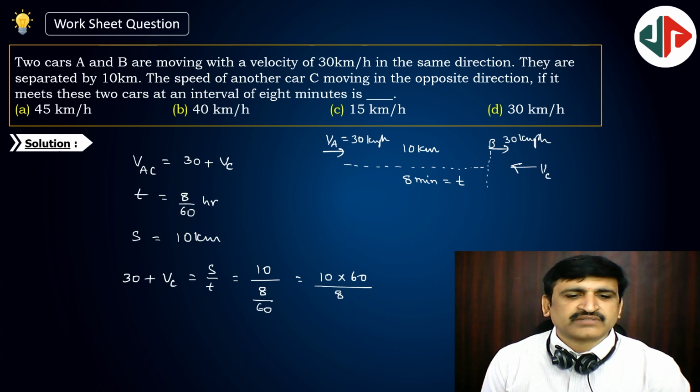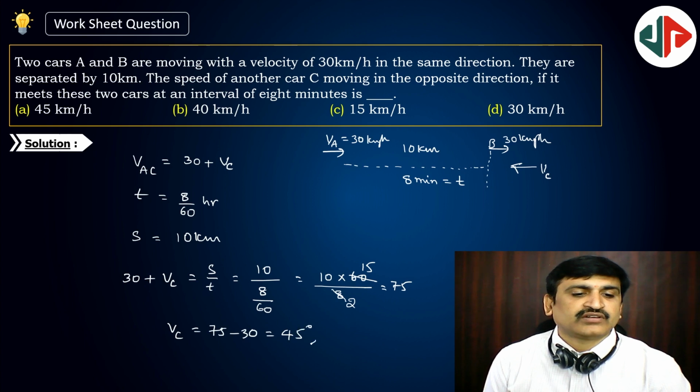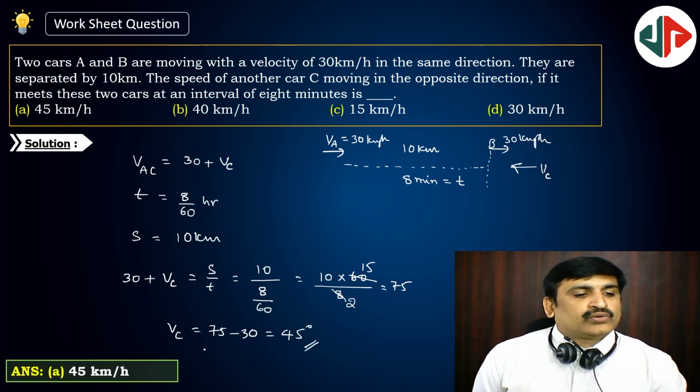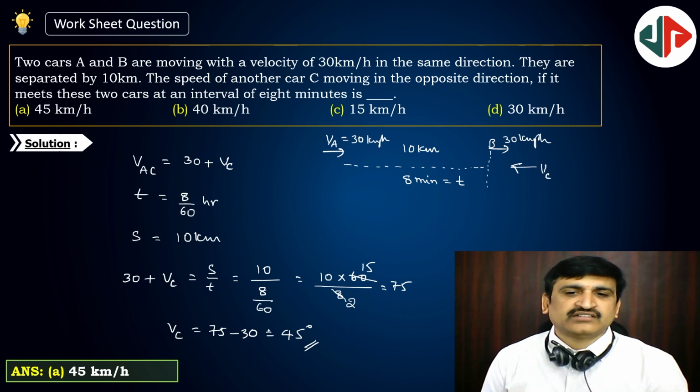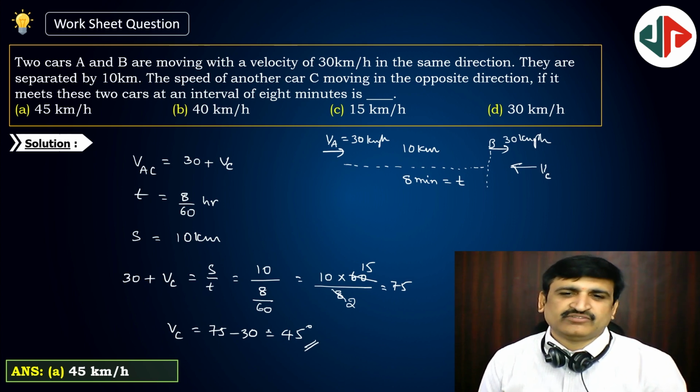Everything is in good numbers then. 8, 4 table. 4 2s are 8, 4 2s, 15. So here 2 will go 5 times. 5 15s are 75. VC is equal to 75 minus 30, that is 45. Once after crossing the vehicle B, that point is noticed, that's it. We need not consider its velocity actually.